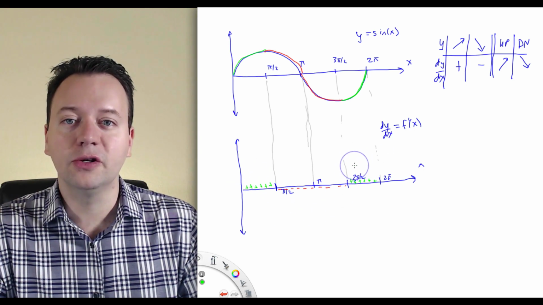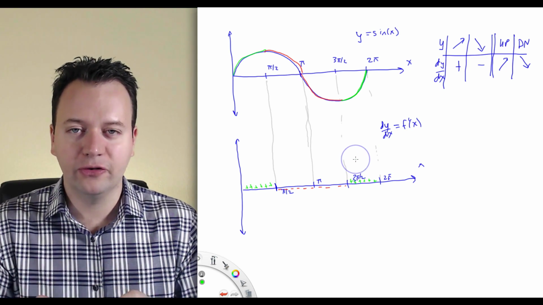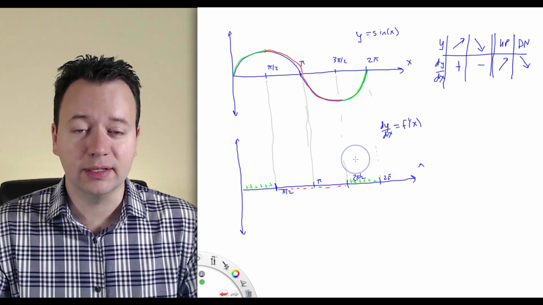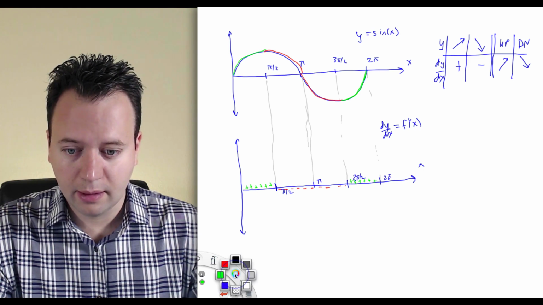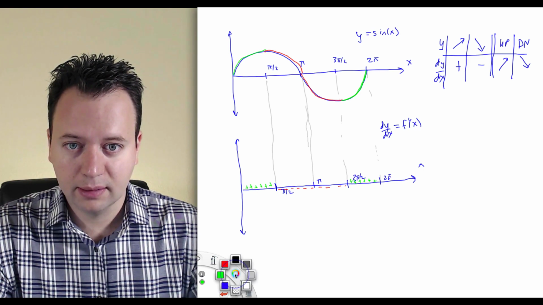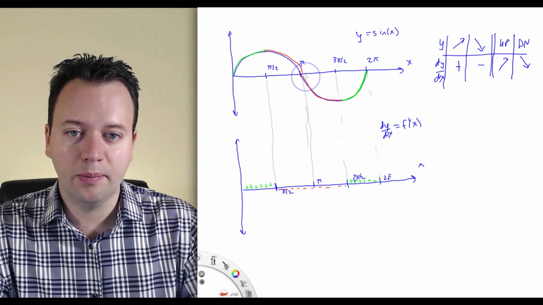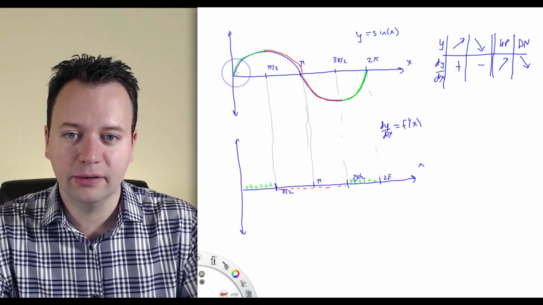So next, let's look at the concavity of sine of x and identify the exact intervals over which its derivative is increasing and decreasing. So from 0 to pi, sine of x is concave down. So you can see it looks like a frown.